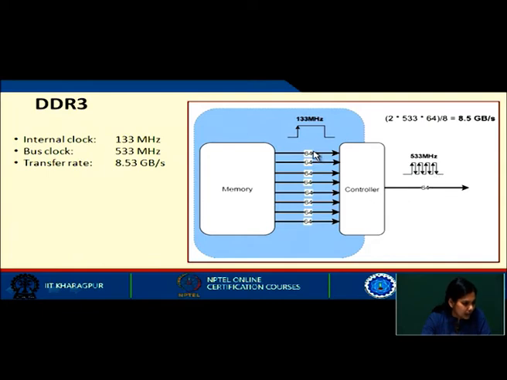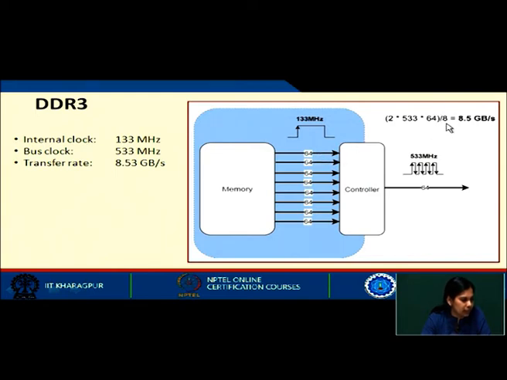The width is 64, but the internal data bus between memory and controller should be more. So, we have 8 here, because if there are 4, then 1 in the rising edge, 1 in the falling edge. In the same way we can calculate it. It will be 2 into 533 megahertz now into 64 bits of data transferred each time.